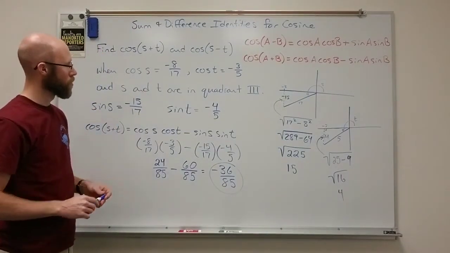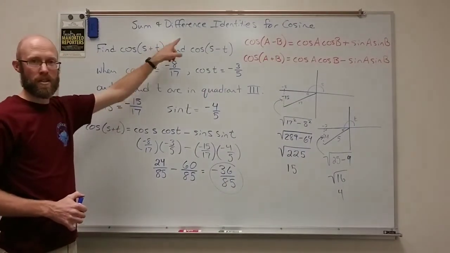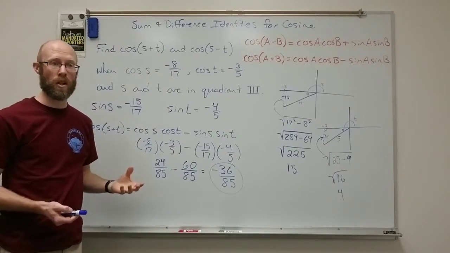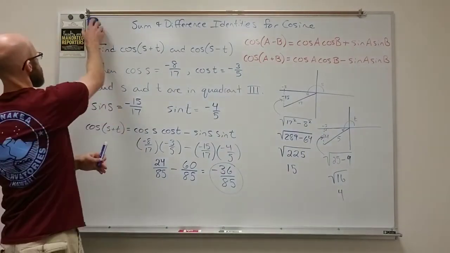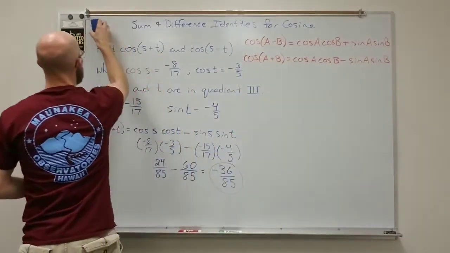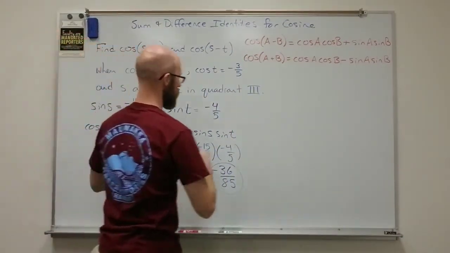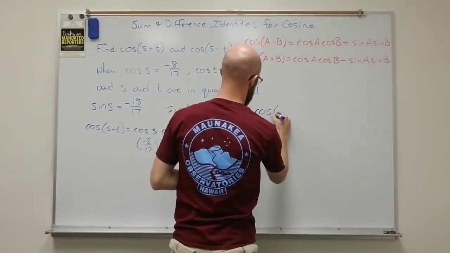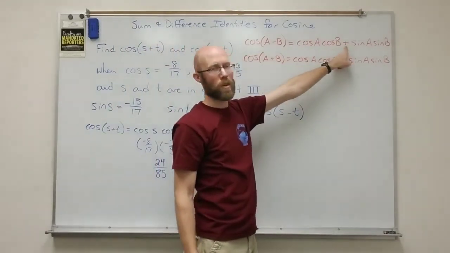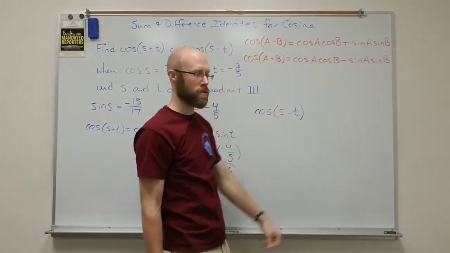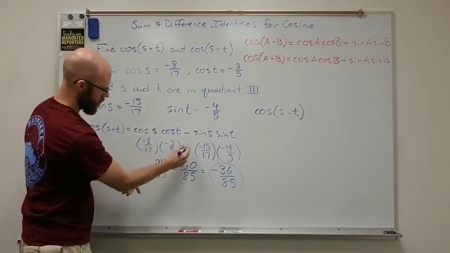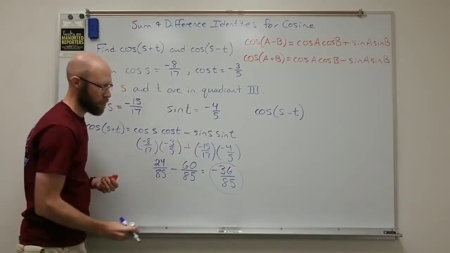Now, I've only found one of the answers. I still have to find the other one. However, the other one doesn't change a whole lot, right? So let me erase some of this work over here. I don't need it. To find the cosine of s minus t, it's essentially the same formula, but with a plus in the middle rather than a minus. So I would have the same structure, except this guy right here would end up being a plus, right?